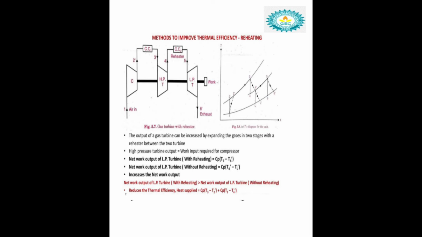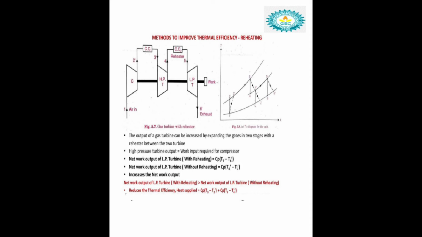Let us see the diagram. Here there is only a single compressor, and the remaining two are the high pressure turbine and the low pressure turbine. These three devices are mounted on a single shaft, and this shaft is connected to the alternator.